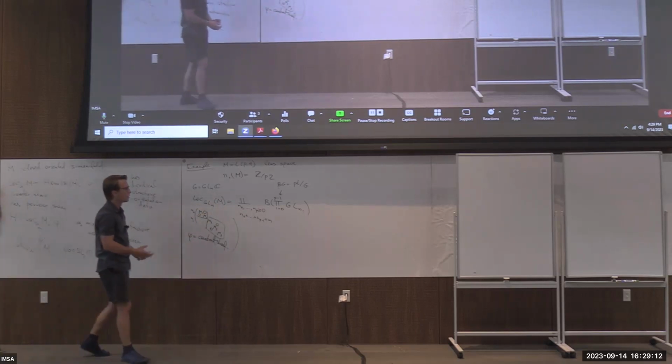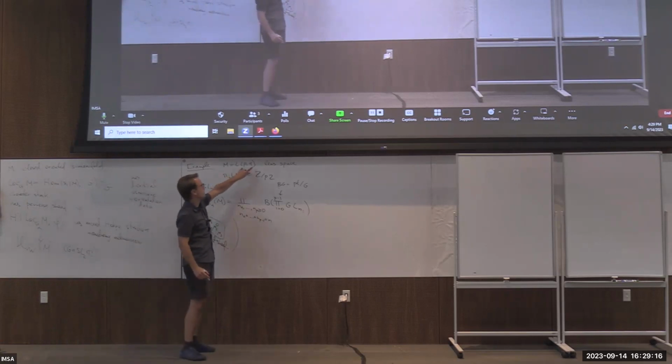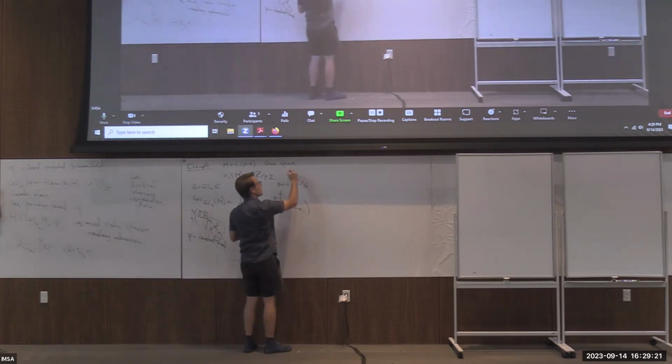Okay. And maybe let me just remark that because the lens space is L(P,Q), maybe just to remind you, with P and Q coprime.